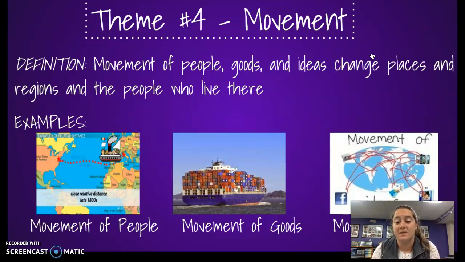Then we talk about movement of goods, exports, imports. How do actual items move from that country to another country? Okay. Movement of ideas, that's a lot more of a concept, you could say, because ideas move, like if I'm sharing ideas with you right now, I'm speaking them to you, I'm sharing them through my voice.